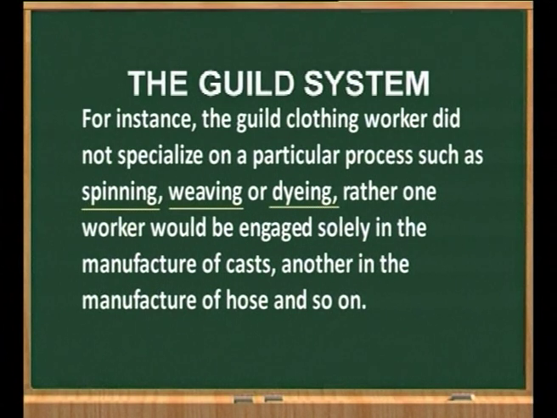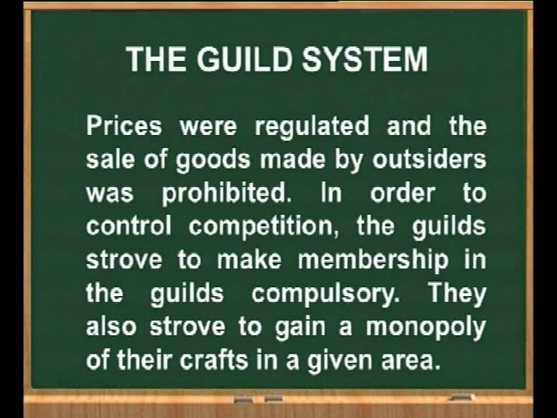Rather, one worker would be engaged solely in the manufacture of coats, another in the manufacture of hose, and so on. Prices were regulated and the sale of goods made by outsiders was prohibited. In order to control competition, the guilds strove to make membership in the guilds compulsory. They also strove to gain a monopoly of their crafts in a given area.